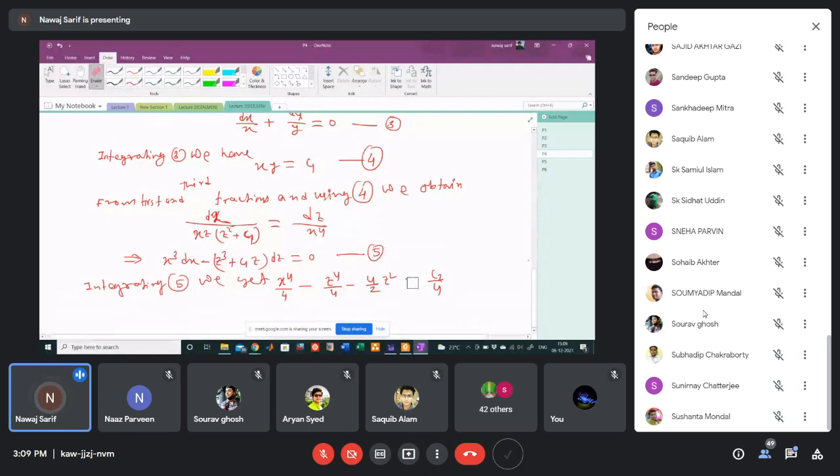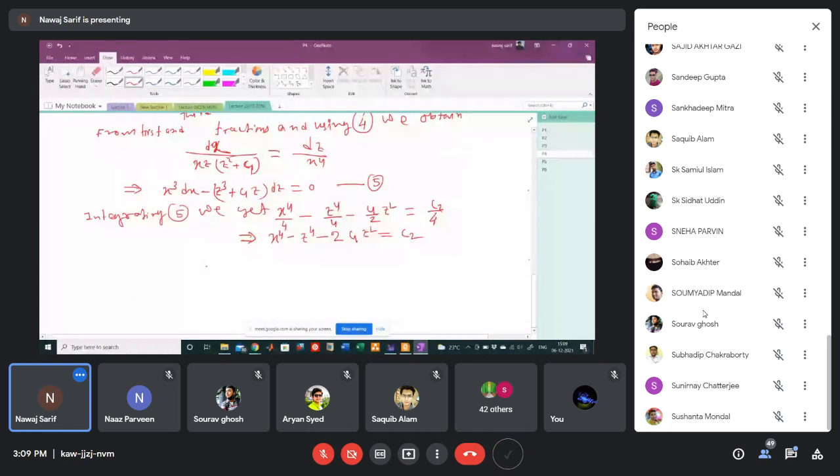The value of c1, this implies x to the power 4 minus z to the power 4 minus 2 into c1, which is xy, so write xy, z square equals to c2. So using 4, this is another solution.